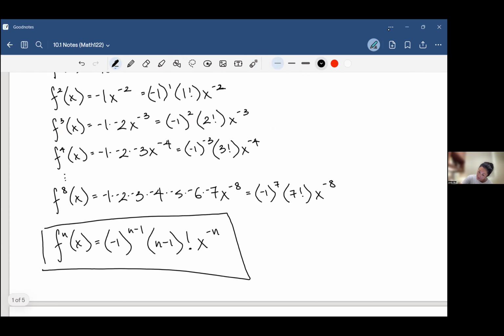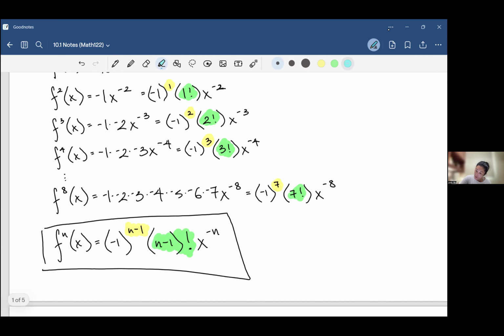And this, okay, let's go back to our colors for a moment. 7, 3, 2, or 2 and 1. That's not a -3, that's a +3. All right, that's where this n minus 1 comes from. And then our n minus 1 factorial is over here.